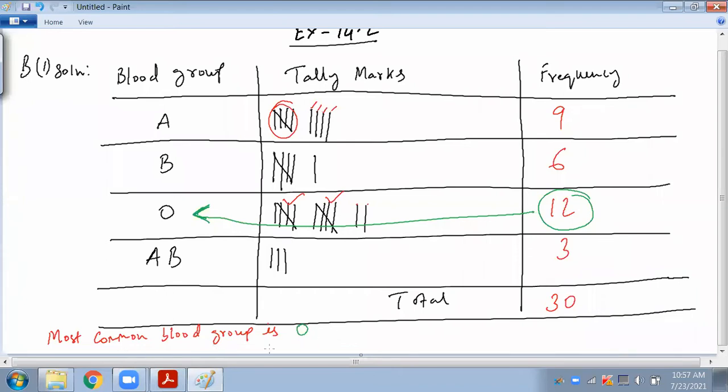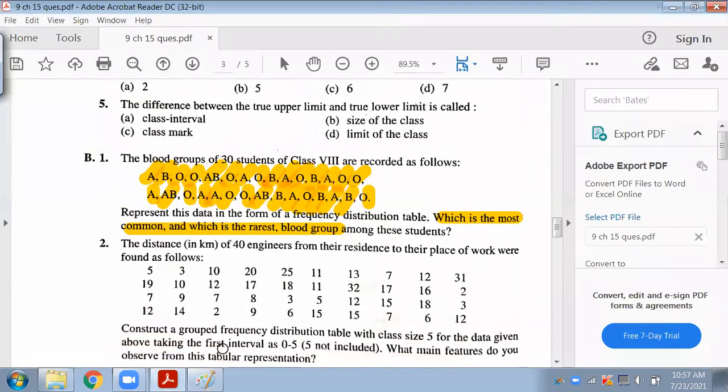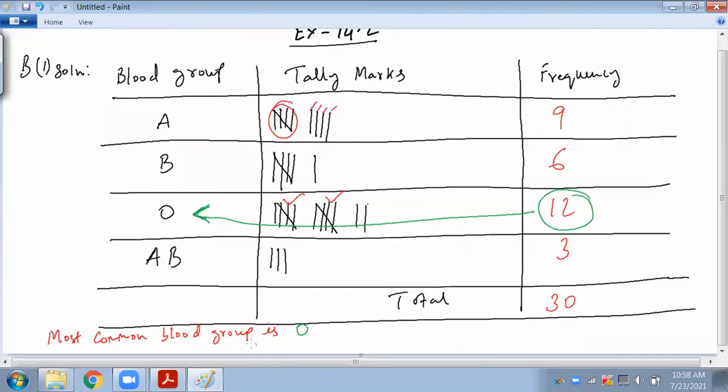And you have to tell about the rarest. Just below this you can write, rarest blood group is.